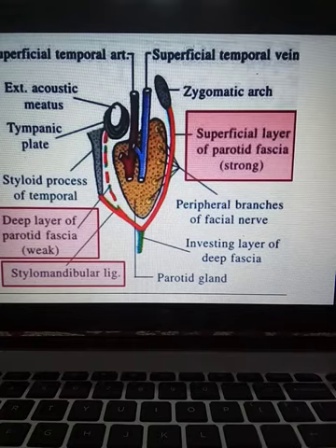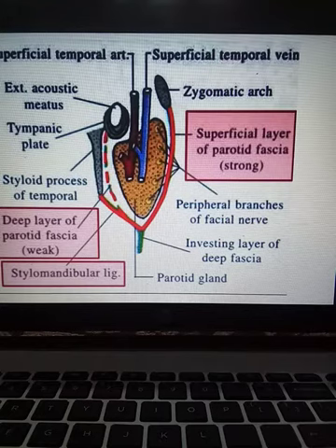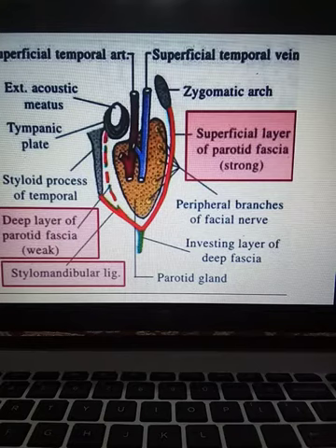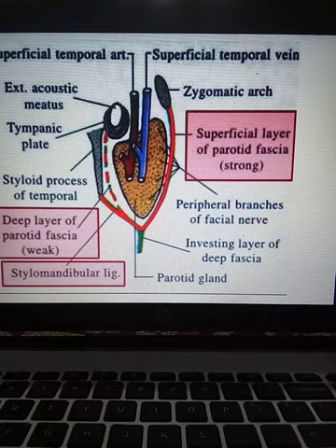The deep cervical fascia, that is the fascia of the neck, has 6 layers. One of the layers is the investing layer of the deep cervical fascia, which forms the capsule of the parotid gland.